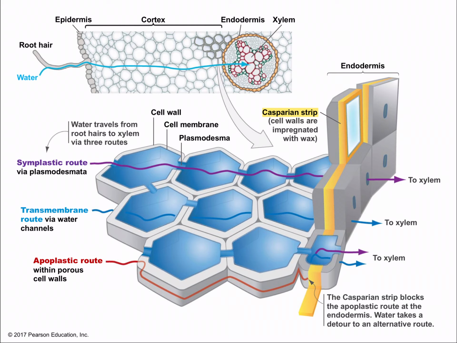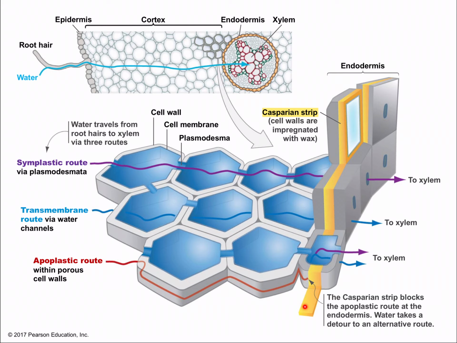The transmembrane route, same thing. It's going to go through the cells, specifically through the aquaporins. It's going to get filtered out, and things like that are going to happen to it, and it gets to the xylem. Now, what we have going on here is a little bit different in the apoplastic route. In the apoplastic route, water is not even going near the cells. We don't know what's in that water. Could be any kind of concentration of ions, unregulated.